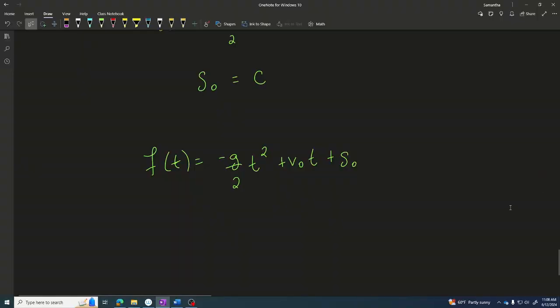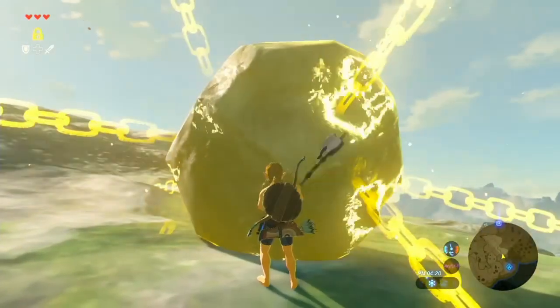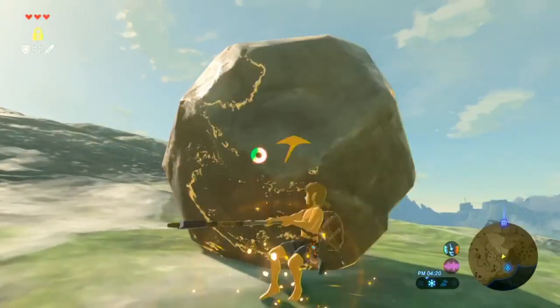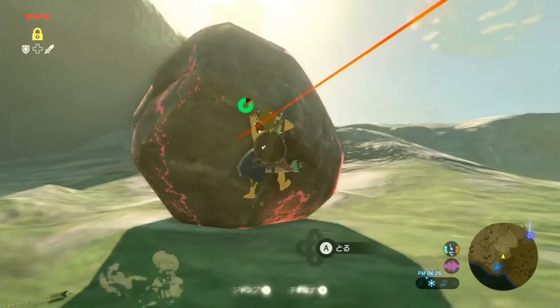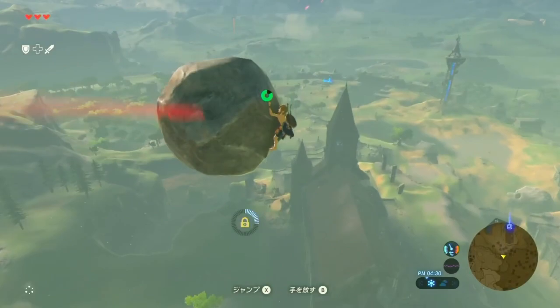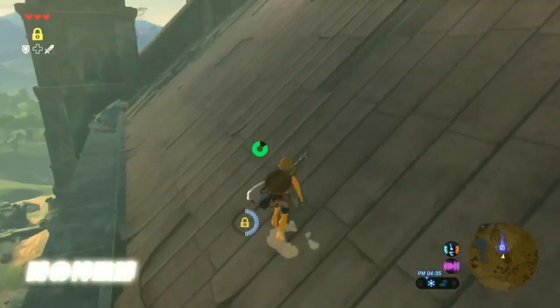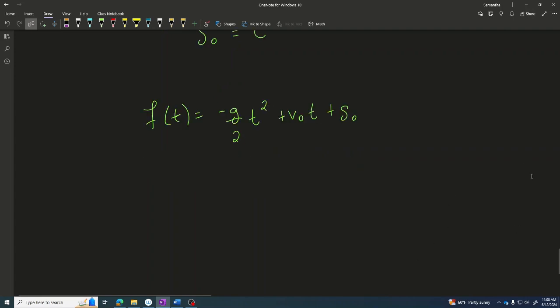I have also recently been playing Breath of the Wild, and those of you who have played that game may know that you can launch objects in that game. And when you launch objects in that game, you can use this kind of formula to predict where the object will land.